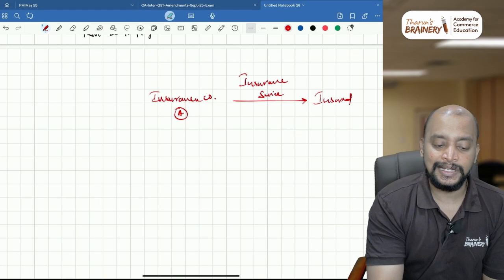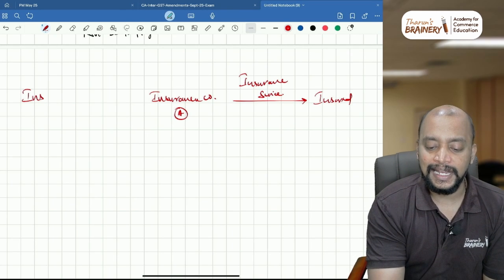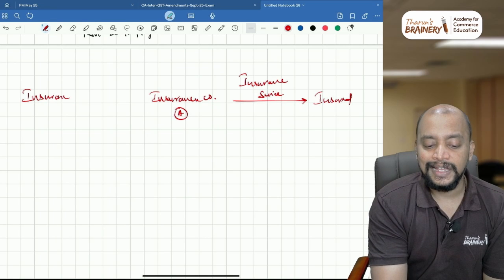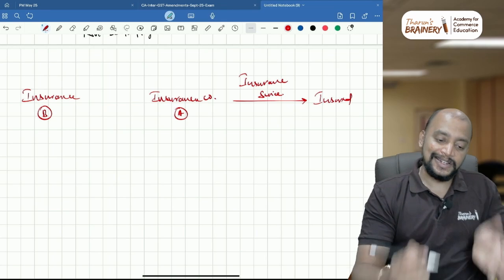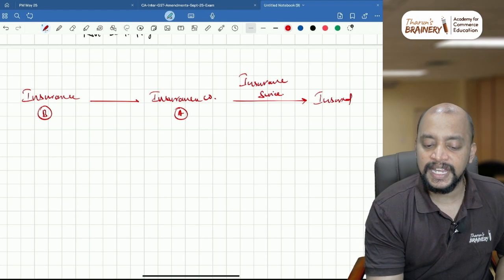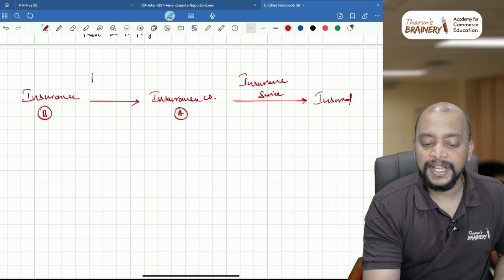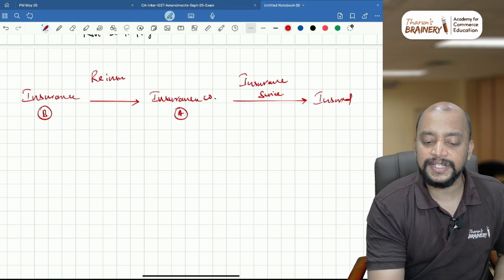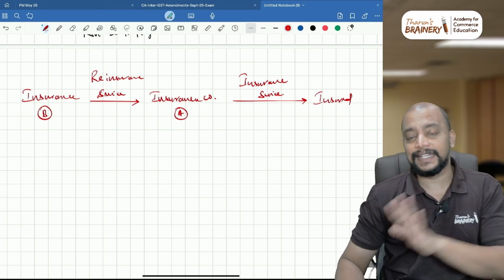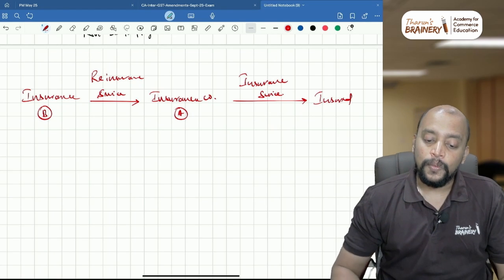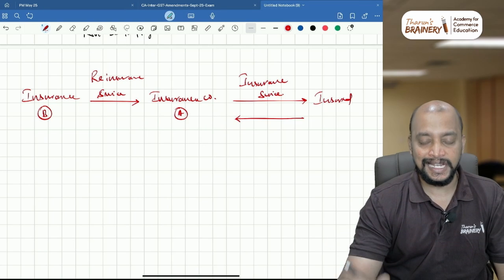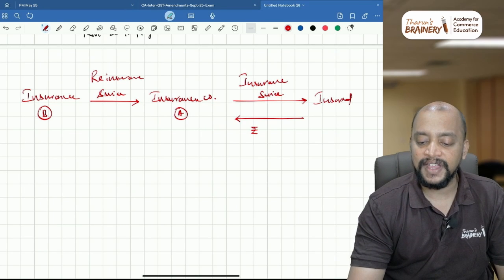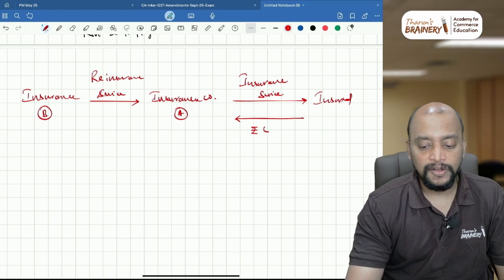So due to that reason, insurance company A will take reinsurance with insurance company B to mitigate that risk, which means insurance company B is providing reinsurance service to insurance company A. Now, whatever premium is received by insurance company A, say for example, they are receiving a premium of 40 lakhs.